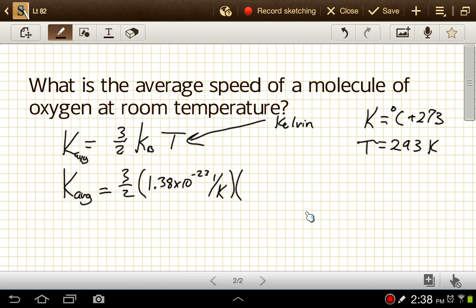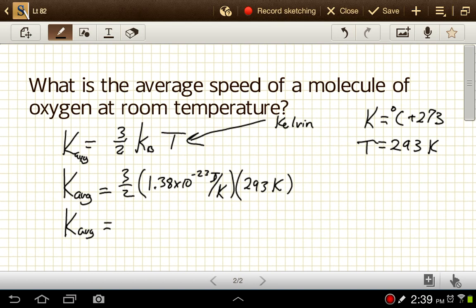Oops, it's joules per Kelvin, my mistake there. And then the temperature is going to be 293 Kelvin.